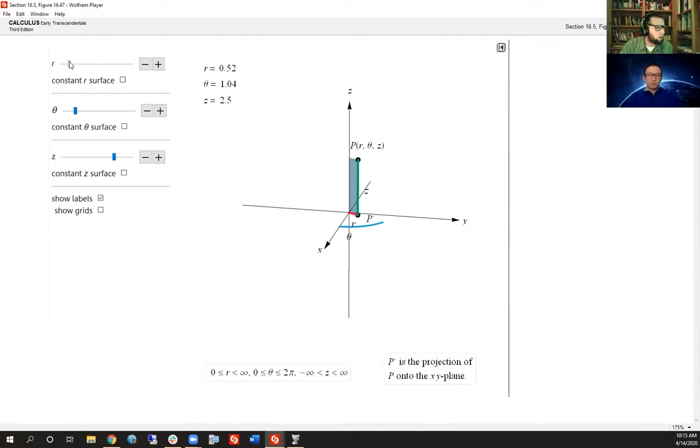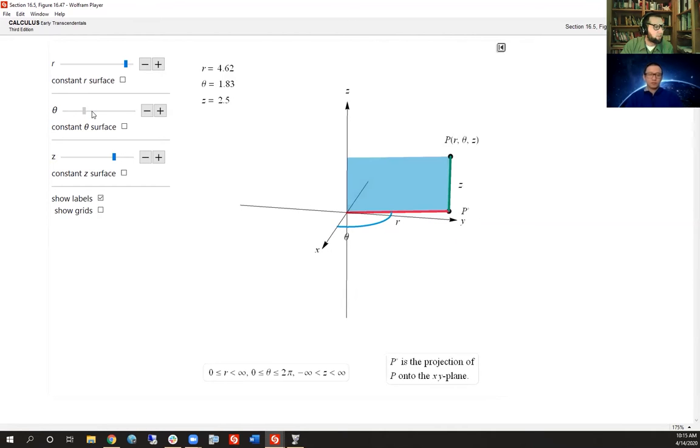Oh, r is the radius, like the distance that our point is from the positive z-axis. Or you could think about it as the length of that red line. So here's that red line, and so r is that length.